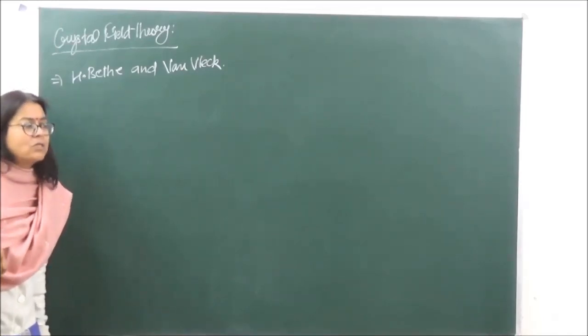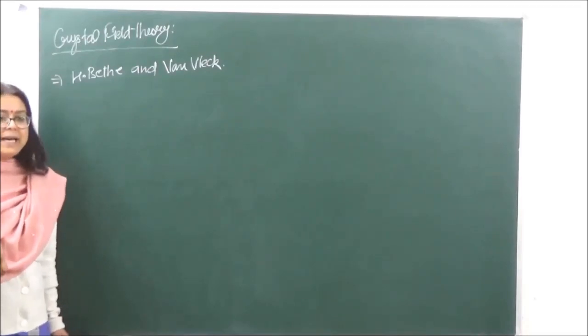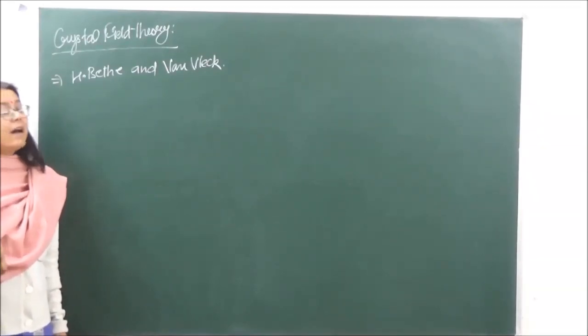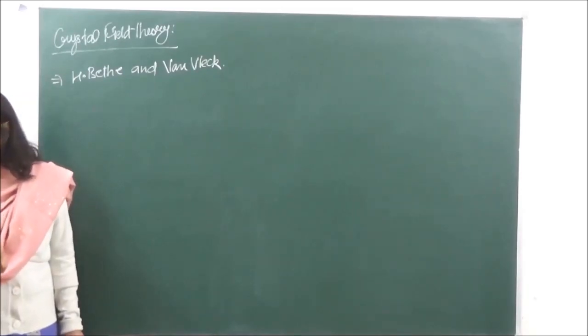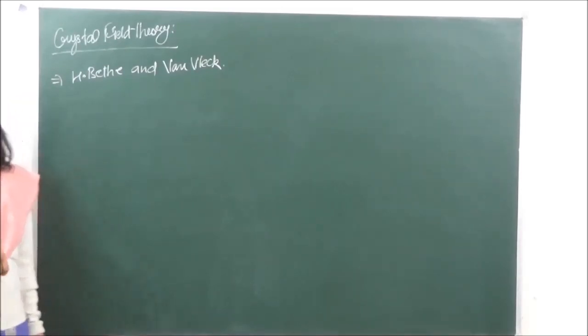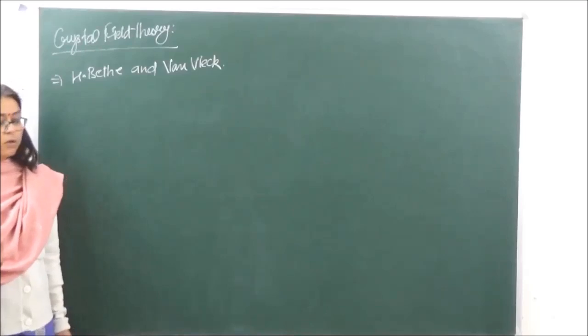Why do ionic crystals show color? Why do ionic crystals reflect light? Why do ionic crystals have high refractive indices? So this theory very well explained all these facts about the ionic crystals. That is the reason why it is given the name crystal field theory. Okay.